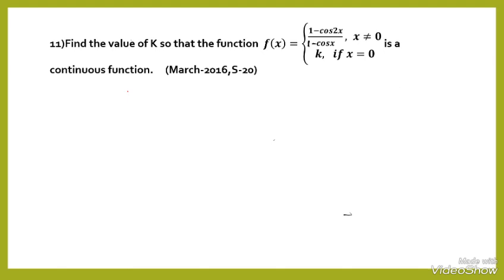Let us consider the function f of x is equal to (1 minus cos 2x) divided by (1 minus cos x), and another one point k, if x is not equal to 0. Here x is equal to 0, I will define the function.